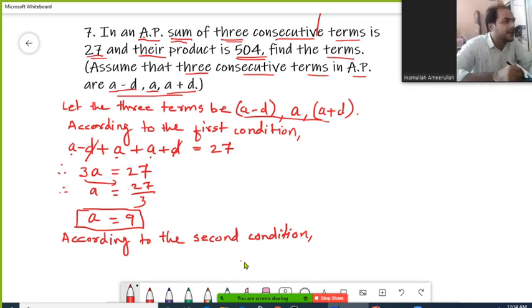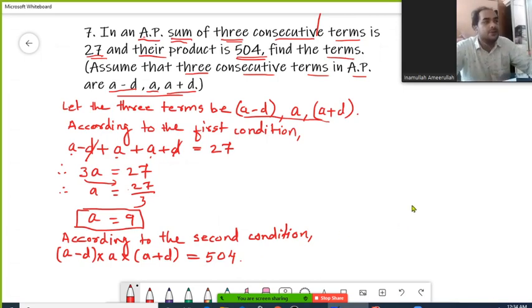So we will write this condition as A minus D is my first term, into A is my second term, and A plus D is my third term. So I am multiplying all three terms together and this should be 504. So this is as per the second condition.